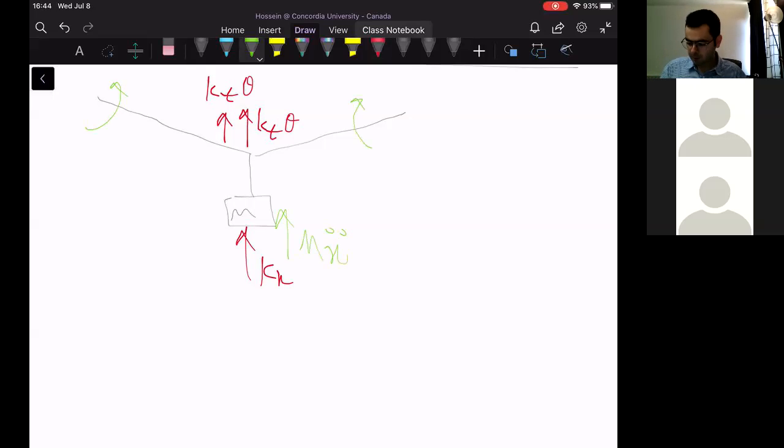For a beam attached from one end, to calculate the corresponding inertia, if I call the middle point C and this point O, with L over 2 and L over 2 and total length L, the mass moment of inertia around point O, according to the parallel axis theorem, is equal to the mass moment of inertia around point C plus m times OC squared.